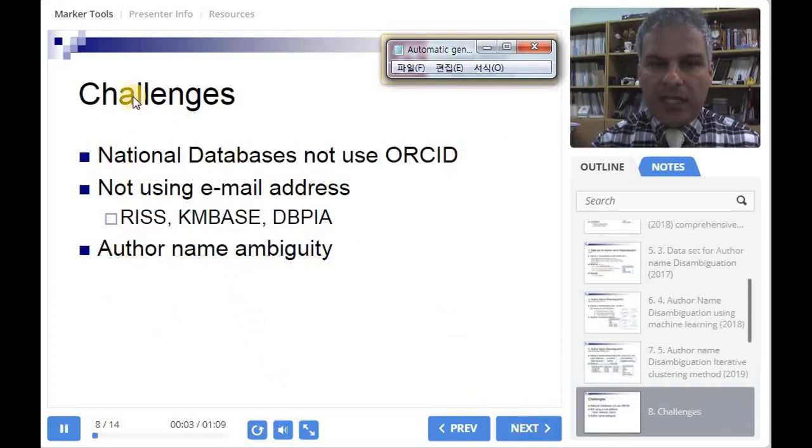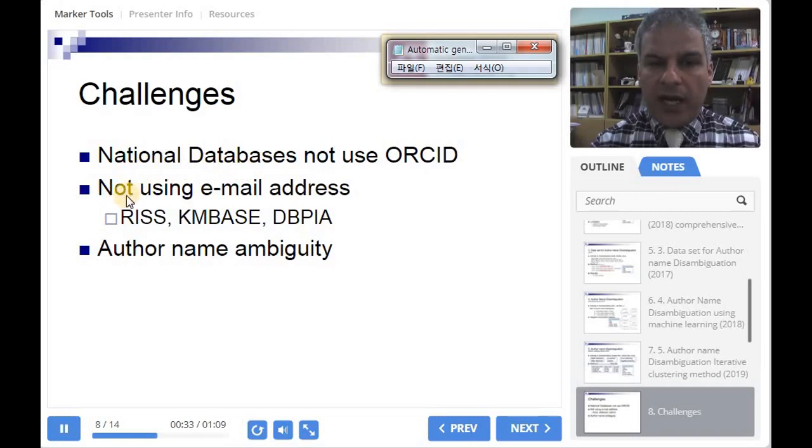The challenges that we are facing here is these articles are used in international databases, but national databases mostly don't use ORCID. They have DOI, and some nationals don't even have a unique identifier for authors.